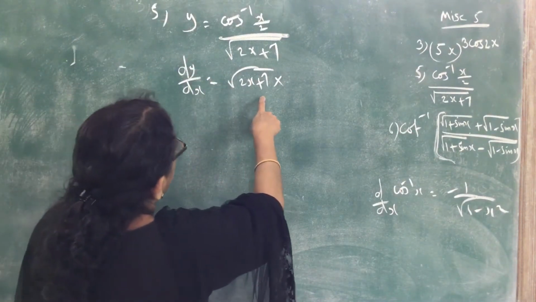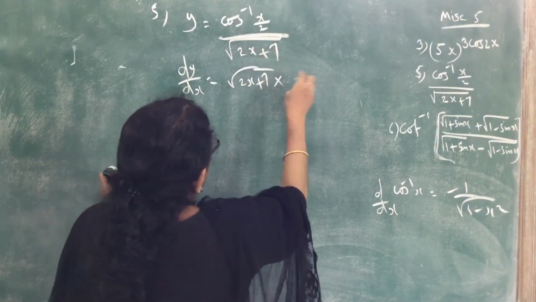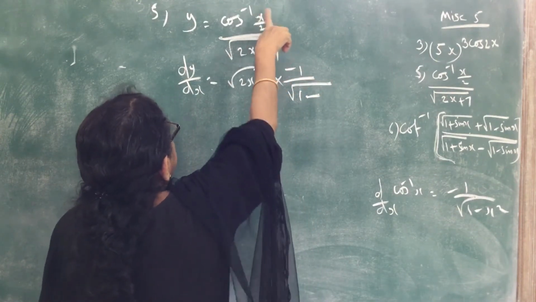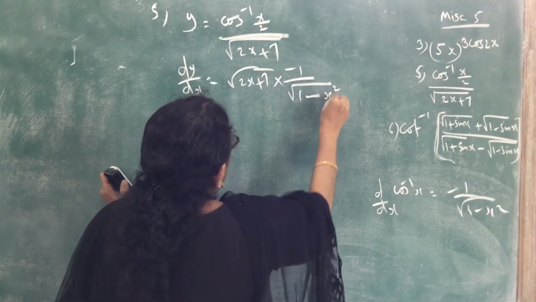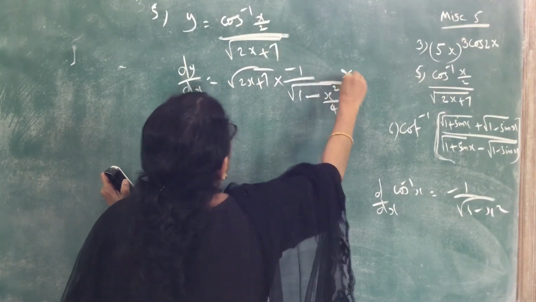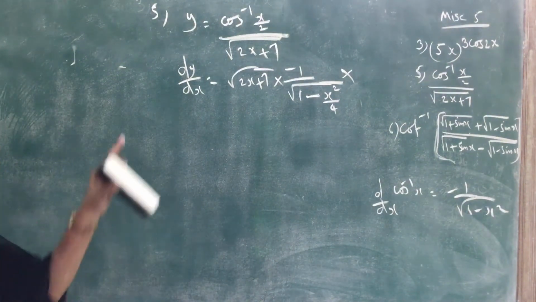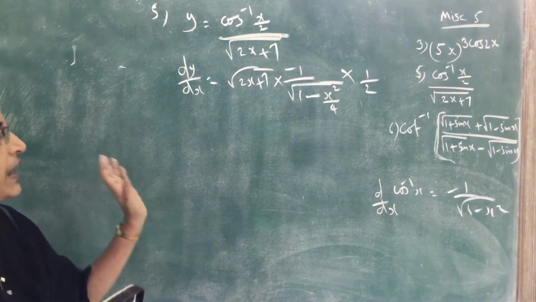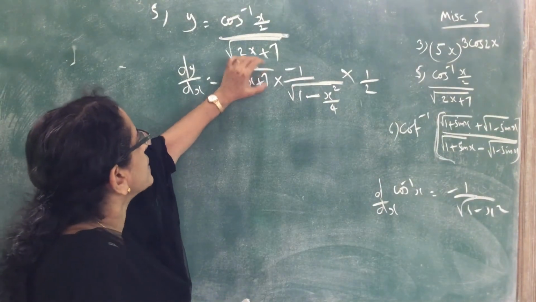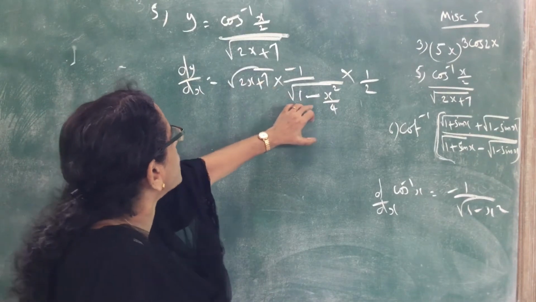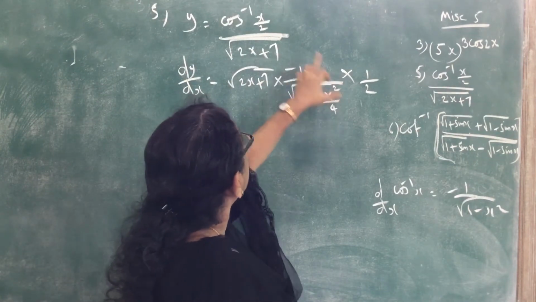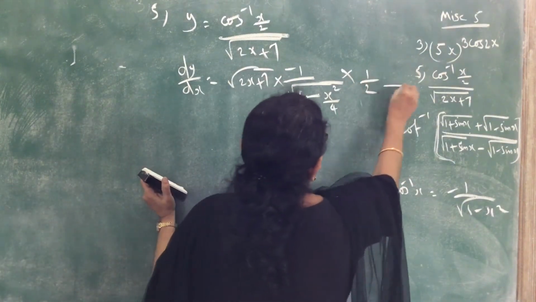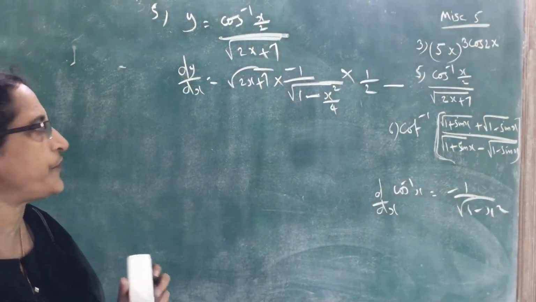So root of 2x plus 7 into minus 1 by root of 1 minus (x by 2) whole square, which is x square by 4, into derivative of x by 2, that is 1 by 2. Then we have to write minus, subtraction, numerator into derivative of denominator.